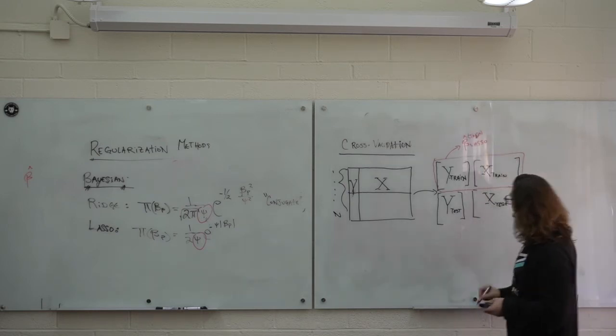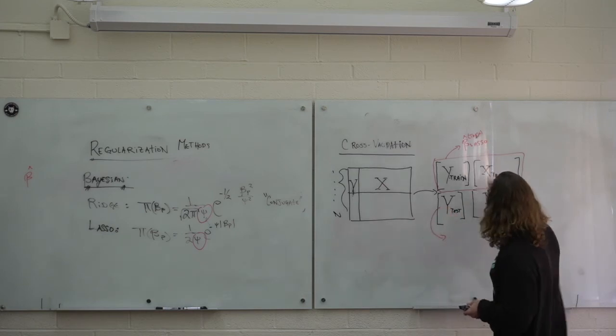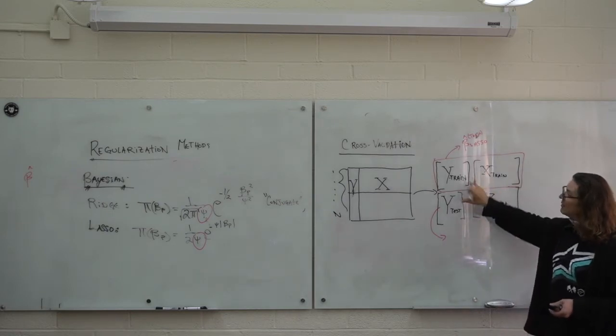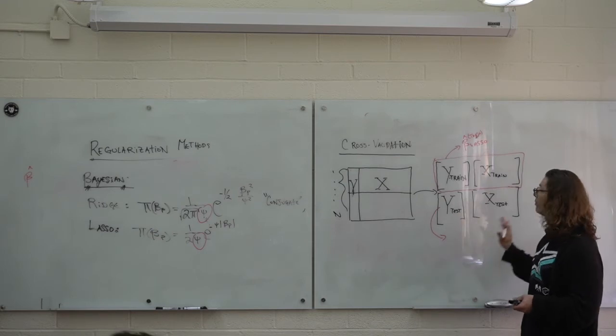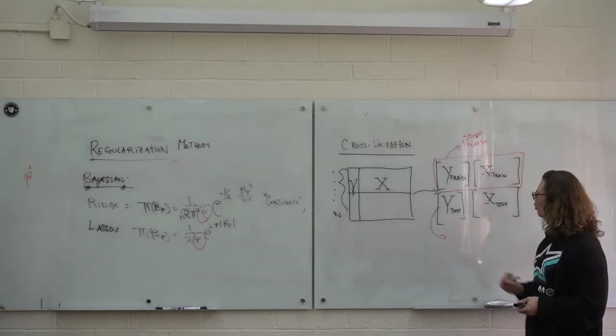And then we're going to use our test data set. I'm going to take this solution that we built using the training data, and compare how well the model predicts this y.